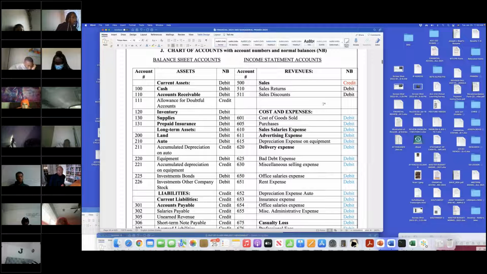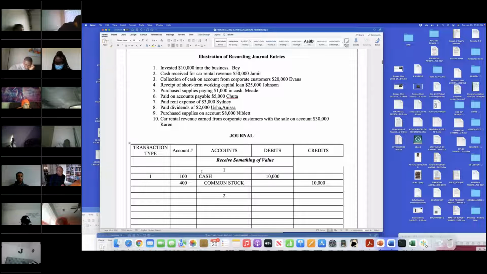So our type is a type 2. Once again, we're debiting cash, and most of our transactions involve cash.